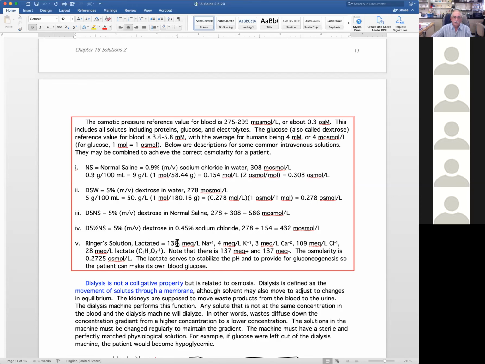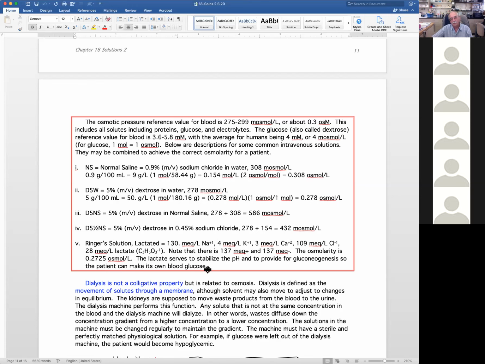So here's the milliequivalents of different things that are in there, including lactic acid. Let's see. So it's about 0.28, which is similar to D5W. And lactate does two things.